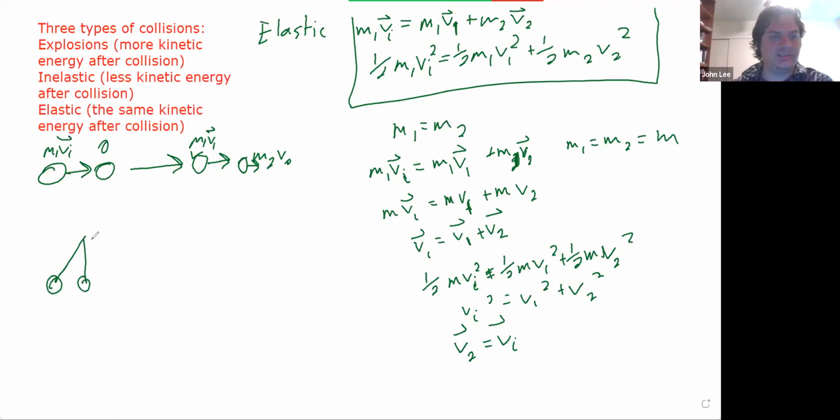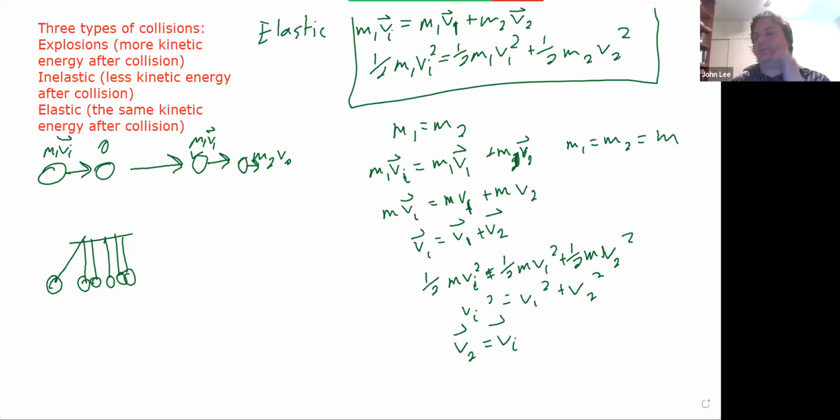So something like this is called Newton's cradle. If that's the case, then that is just going to transfer all the momentum into the next ball, and not care about anything else.